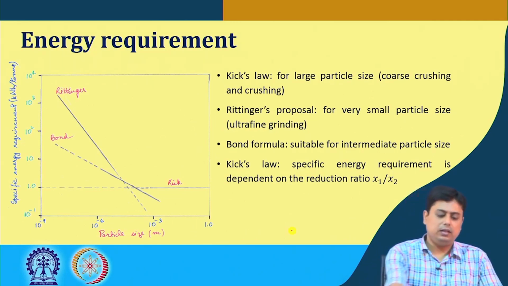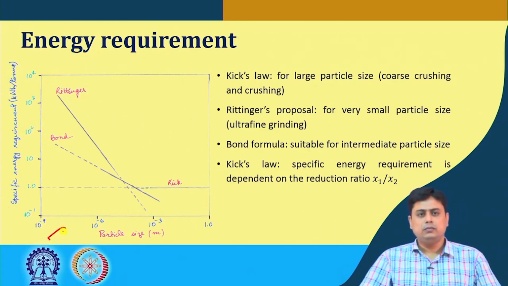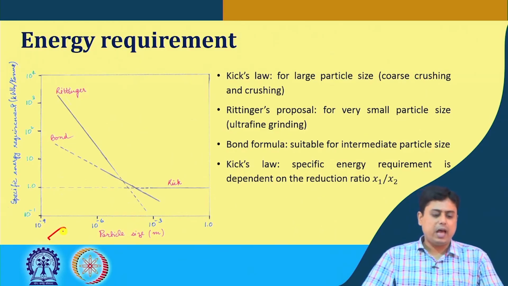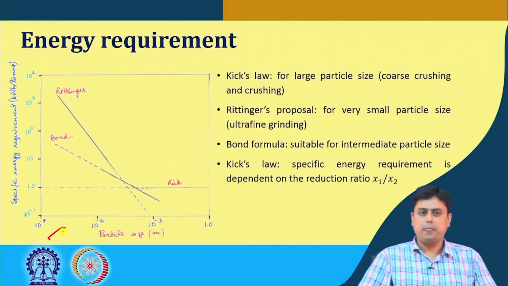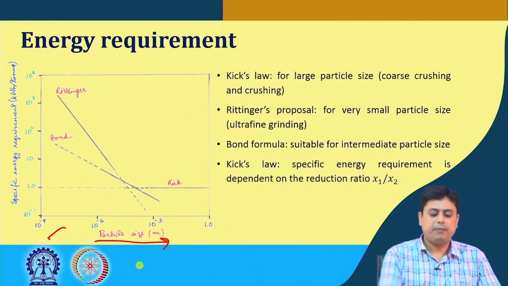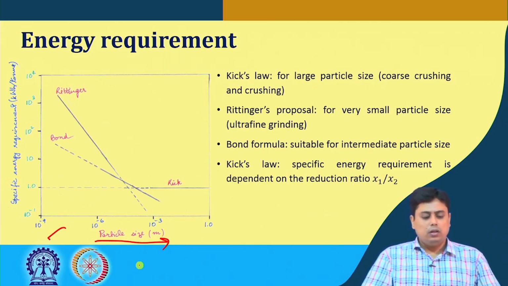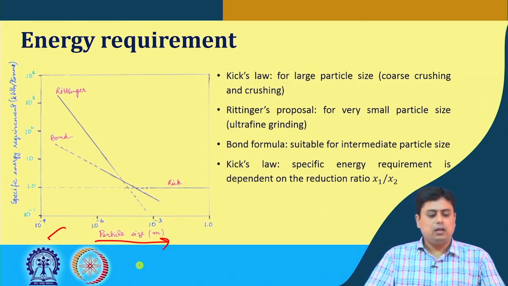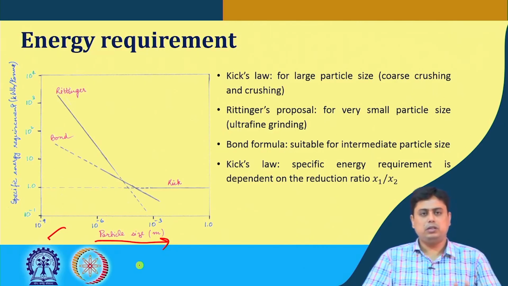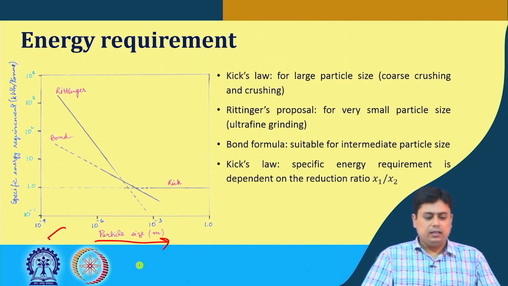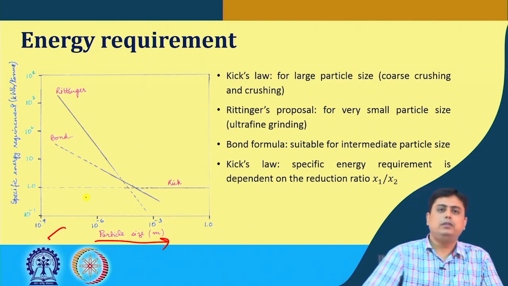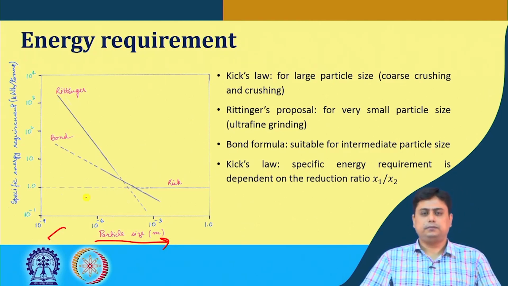In this diagram, in the y axis we have the specific energy requirement, and in the x axis we have the particle size, and this is in log scale. Because of the expressions that we have seen, it is pretty logical to put this in log scale, and we can understand the slopes of these curves from those expressions.